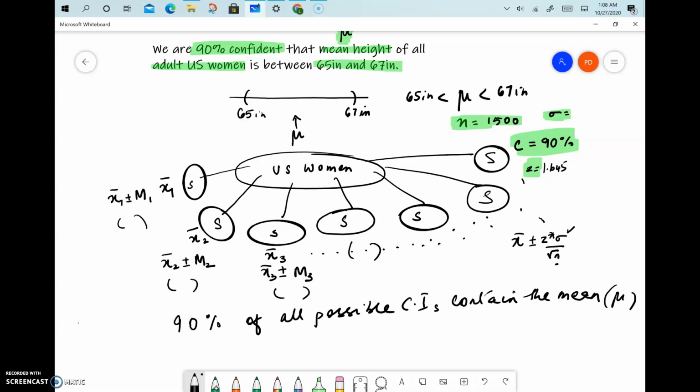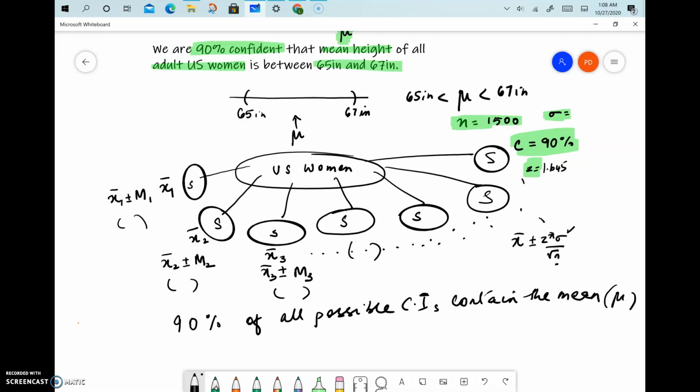That's exactly what this confidence level really means. 90% of all possible confidence intervals that can be constructed from the many, many samples that we can extract from the large population, 90% of these intervals will contain the mean.